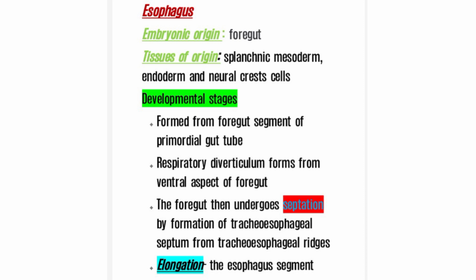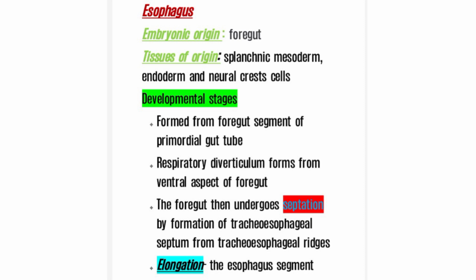The third thing is septation, which occurs by the tracheoesophageal septum. And then we have elongation, which is the extension of the lumen towards the lower parts of the abdomen, and the effect of this elongation is that the diaphragm will descend.